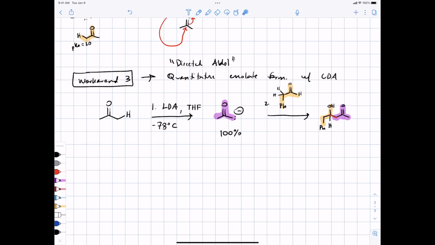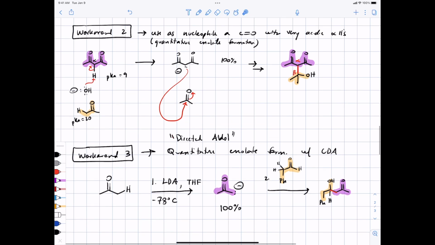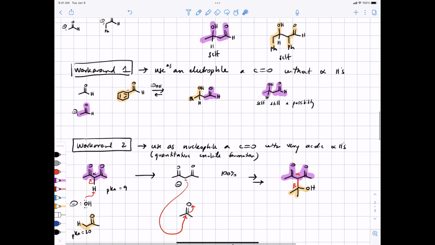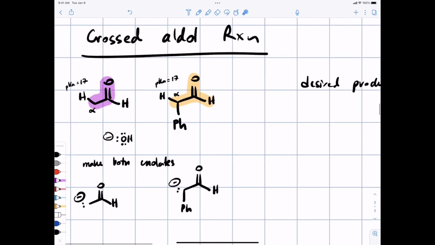All right. Questions? Yeah. How can you use workaround 2 to get your desired product? To get this one? Yeah, that one's not, workaround 2 isn't going to apply because our problem was that the two aldehydes had similar pKa's.